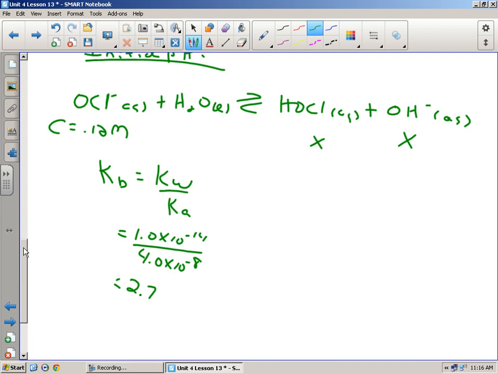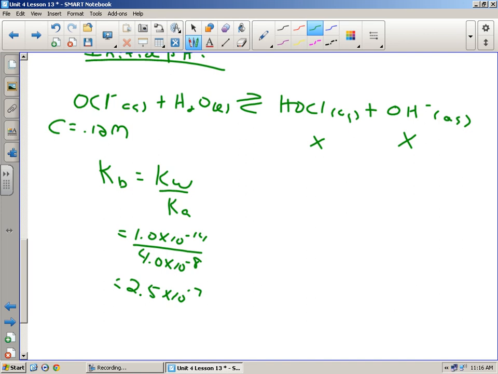I forget what it is now. 2.7 or 2.5, don't remember now. Let's see. 2.5 times 10 to the negative 7. Okay. So that's the Kb value there that you're going to use instead. Because remember, we're talking about base, not an acid here.